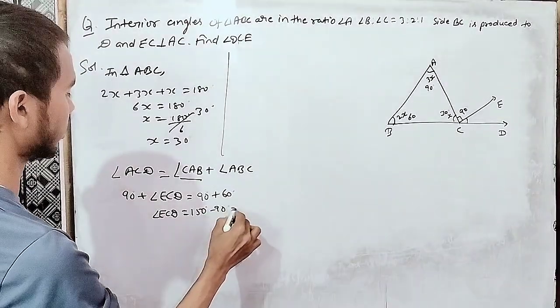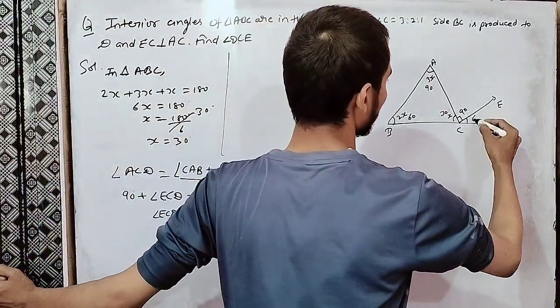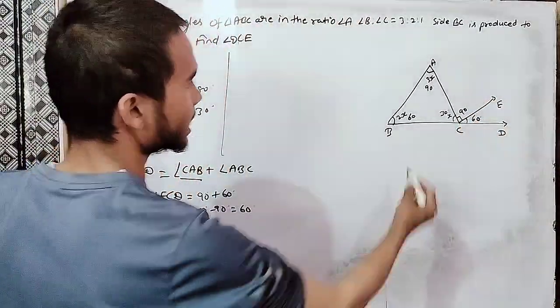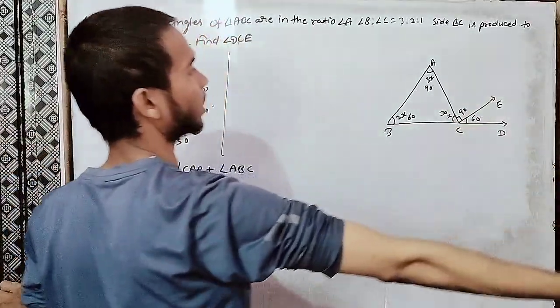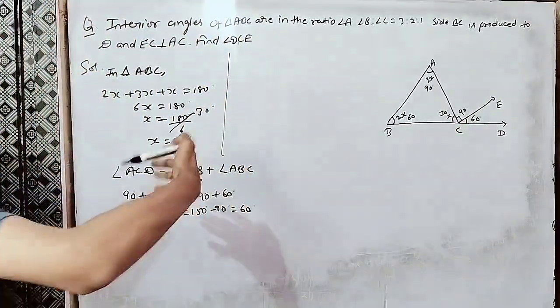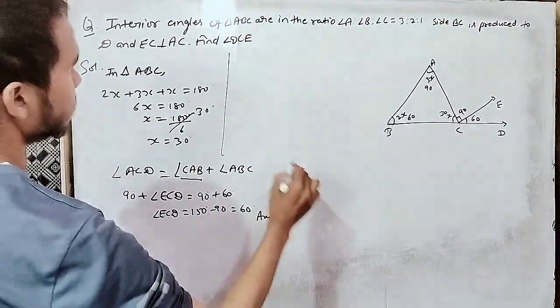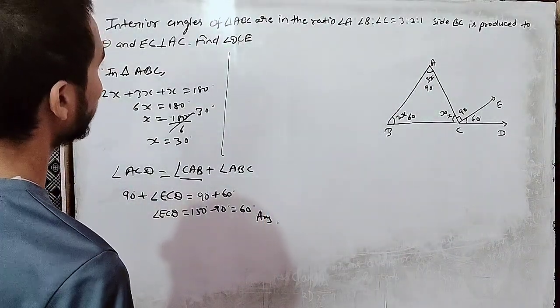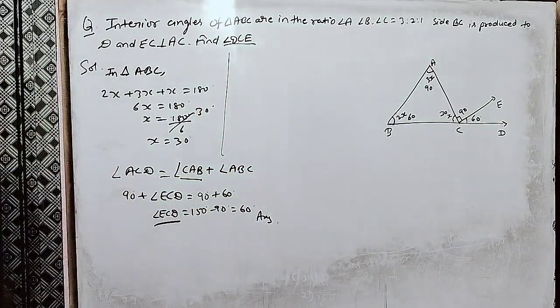And 90 plus 60 is 150. Both are equal to each other. This is our final answer.